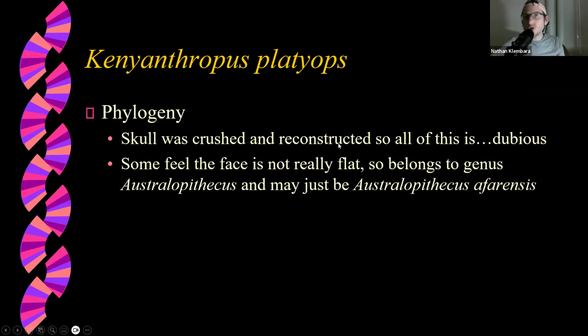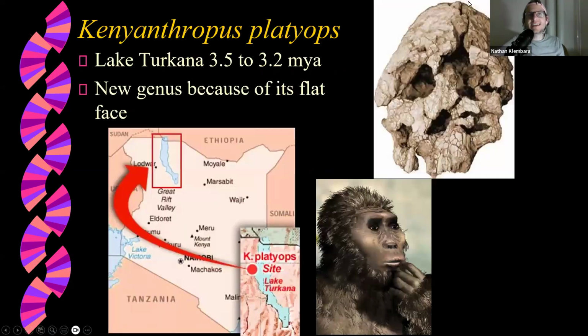Now, the problem with all of this, and the reason I'm talking about it here with the Australopithecines, is that like we saw with Sahelanthropus tchadensis, Kenyanthropus platyops has a crushed skull. So I'm going to go back to the slide for a minute. You can see it's really crushed and in all different pieces.